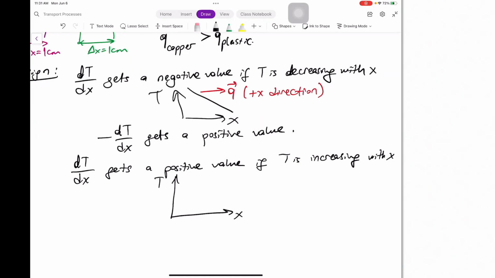Can you hear me? Yes, Professor. Okay, good. So if T is increasing with x, dT over dx gets a positive value.